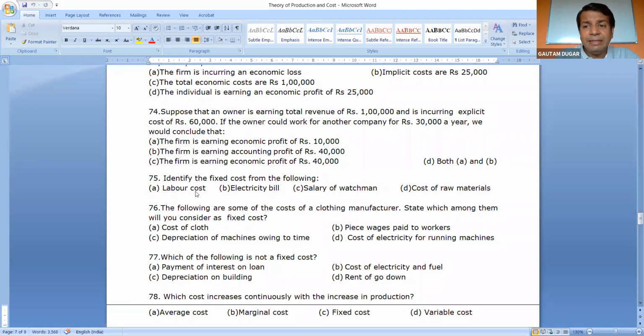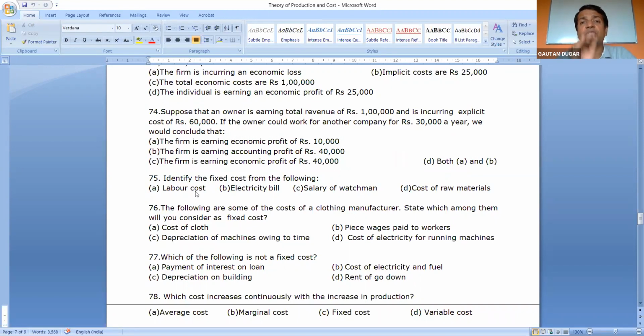During the lockdown period, obviously the cost of raw material was zero, because no production, no cost of raw material. Higher the production, higher the cost of raw material. But the salary of the watchman is a fixed cost. Even if the production is less or more, the watchman will get the same salary.